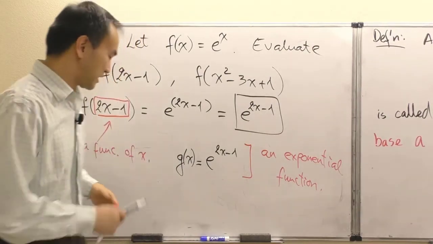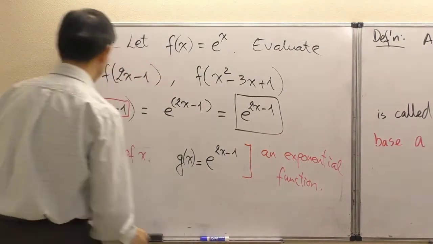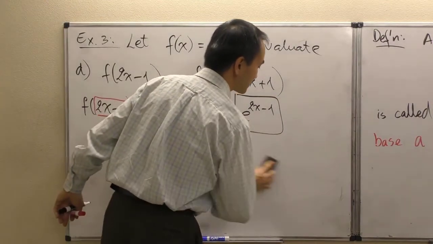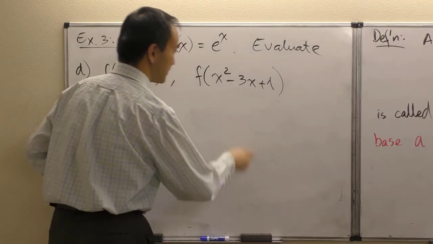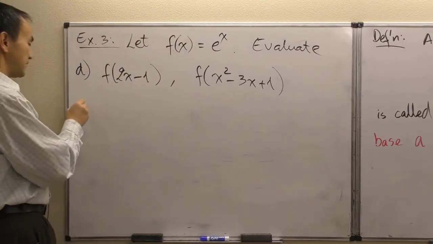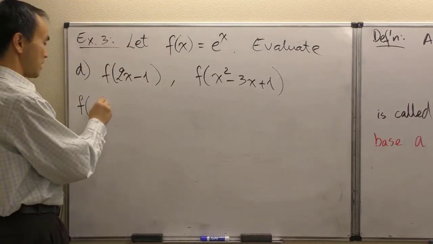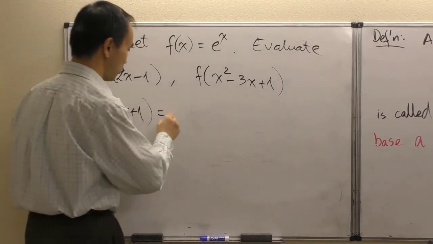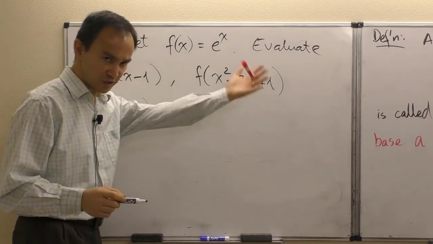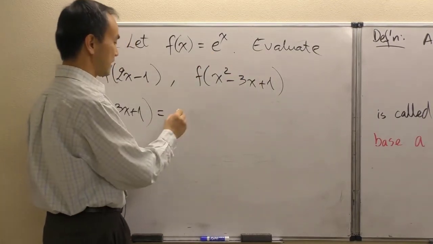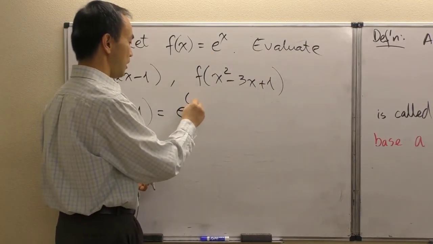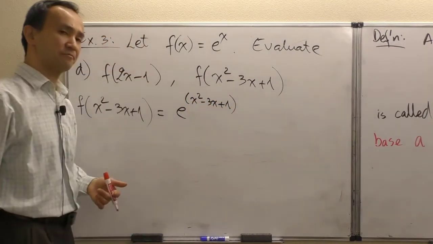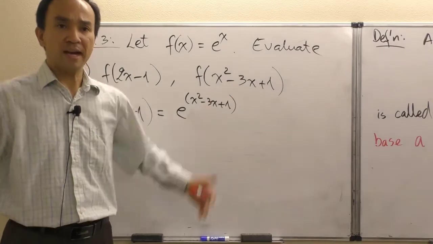But for the next one, f of x squared minus 3x plus 1 in this example. As it has been ever since example 2, it's now going to be simply e to the, and then all that x squared minus 3x plus 1, the whole ugly looking expression. It starts getting big, that's all.